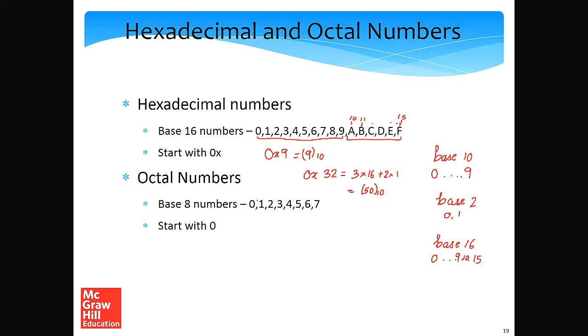Similarly, we can have octal numbers. An octal number is in base 8, and here we will have 8 digits, 0 to 7, which is fine. We don't need to introduce any new digit, and octal numbers start with a 0. So maybe the number 042 will be equivalent to 4 times 8 plus 2, which is equal to 34 in base 10.